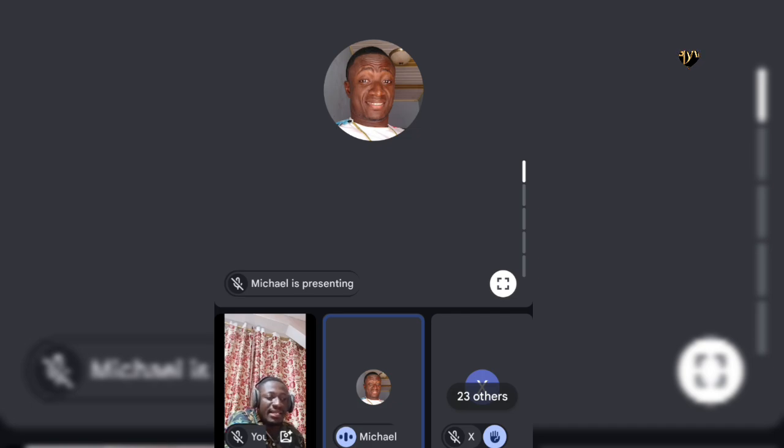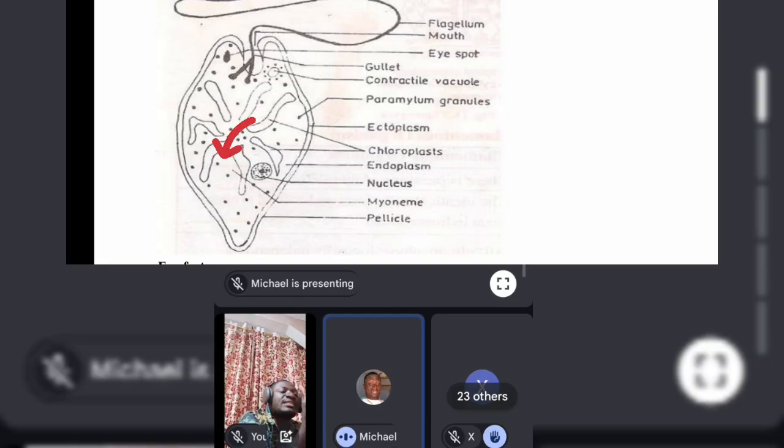And let me bring this one. So I think we know all of the points here. This wasn't shown in my drawing. And we also have a myoneme here. So someone might ask, what is this myoneme? The myoneme is like a contractile fiber. It's like a microfilament in the structure of the Euglena, which helps it bend or adapt to changes in shape.